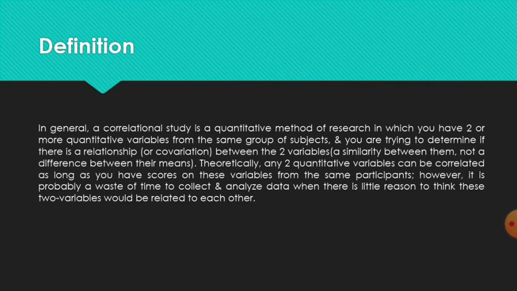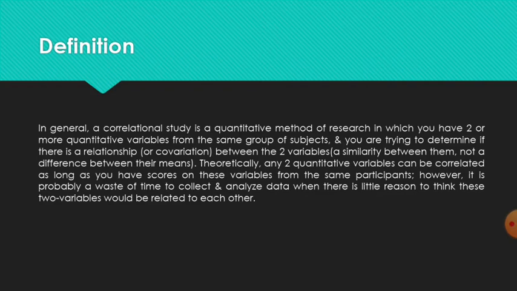Theoretically, any two quantitative variables can be correlated as long as you have scores on these variables from the same participant. However, it is probably a waste of time to collect and analyze data when there is little reason to think these two variables would be related to each other.